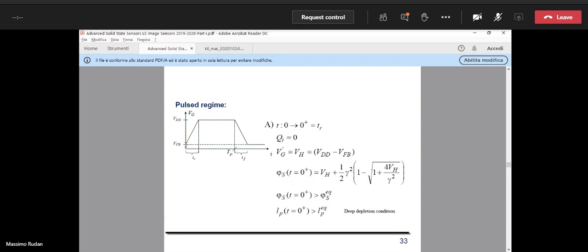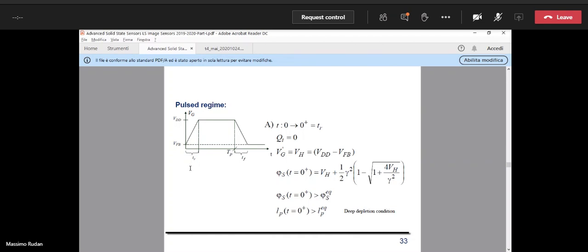And then we bring the gate voltage. We are in a p-type substrate, okay? We make the gate voltage more positive and bring it in a short time to a value that in steady state would correspond to the strong inversion condition.